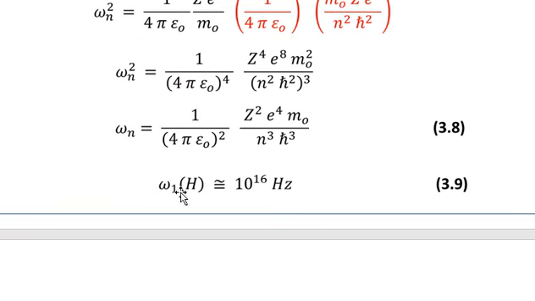You can then find out the angular frequency omega 1, that is the angular frequency corresponding to the first orbit of the electron around the hydrogen nucleus. So this is the angular frequency, which is of the order of 10 to the power 16 hertz, and this is for atomic hydrogen.